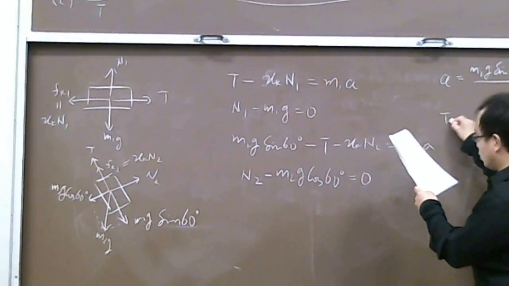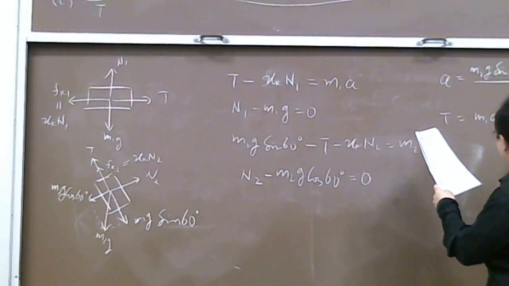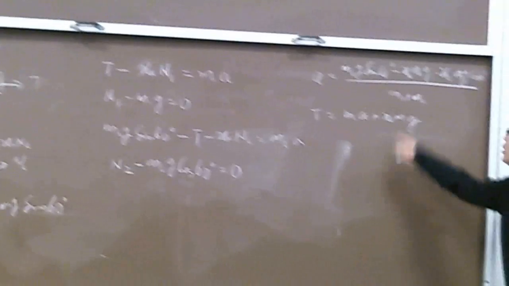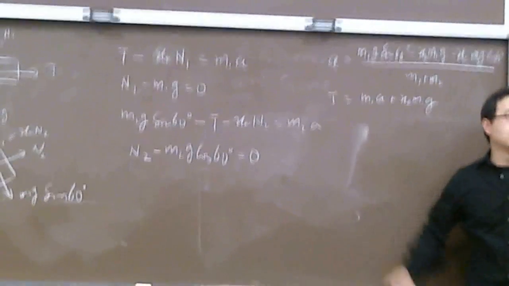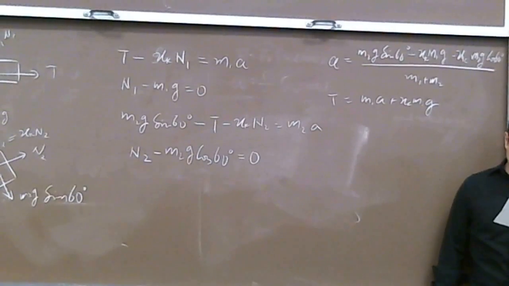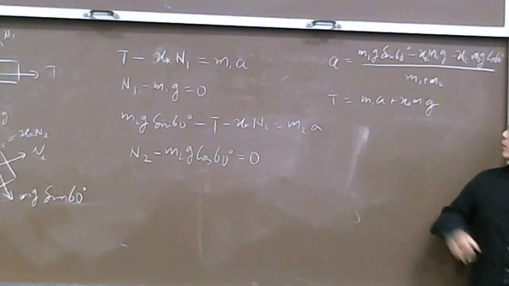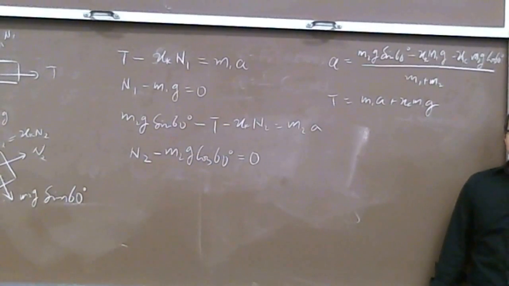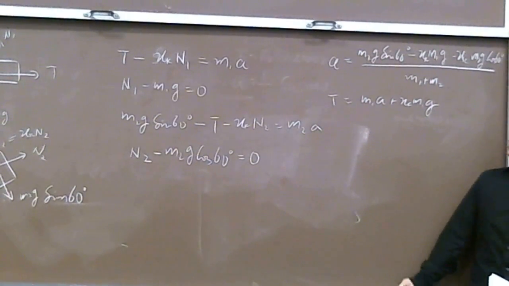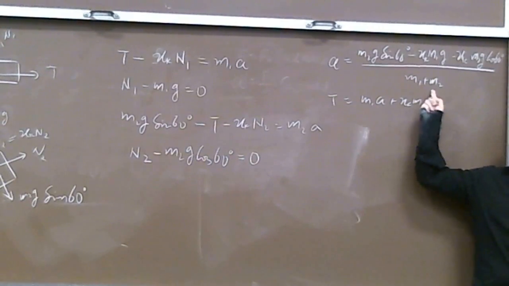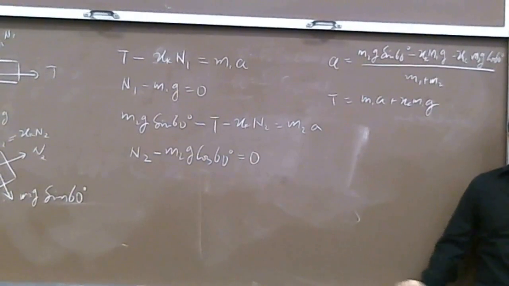And T will be M1A plus mu K M1G, or you can use another equation to calculate T. If you put in numbers, you will get a large expression. Again, if you don't have a calculator, that's okay. If you get these two, you will get 8 points out of 10. One common mistake is that some people put a negative sign here, M1 minus M2. It should be M1 plus M2.